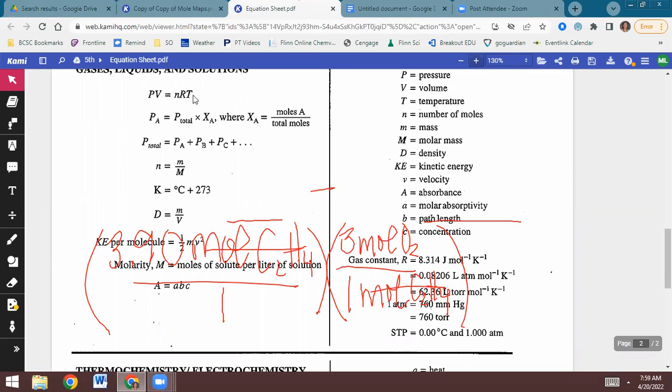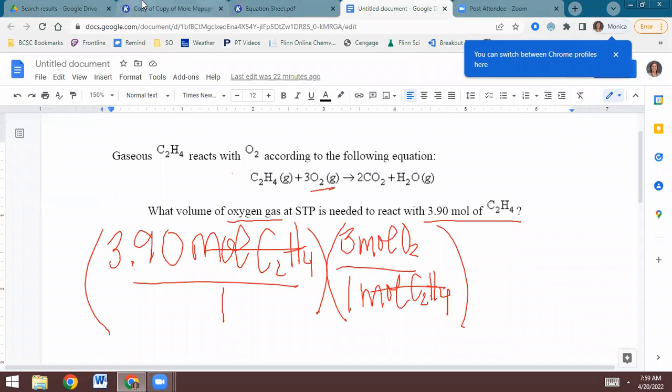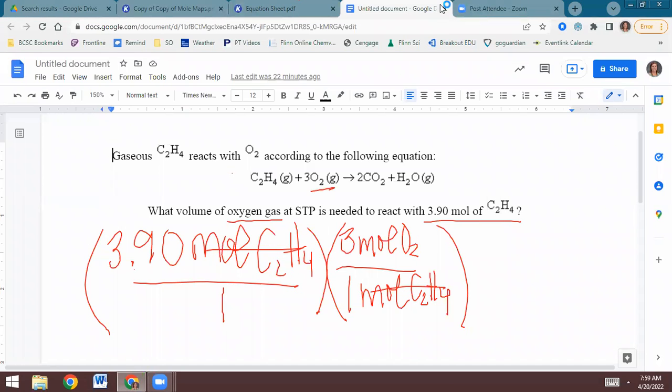But you could do that because once you know the moles, we could solve for volume, plugging in things that you know for pressure and for temperature and for R. Or the other thing you could do is STP conditions follow mole map. So we have this thing that's called molar volume, the 22.4, that you could multiply by and get the answer. But I want to go with the PV equals nRT just so you see something different.